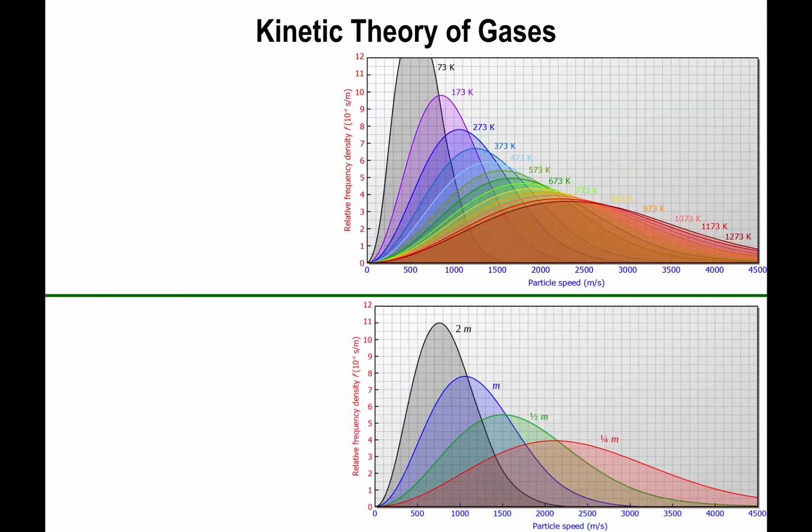Now, another way to look at this is to think of the amount of gases that can have a particular speed. You could actually set up a distribution of speeds for a gas.